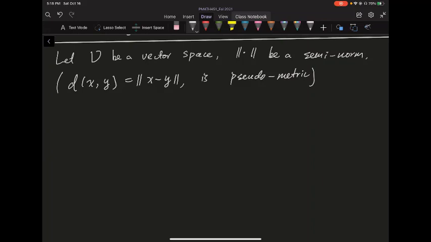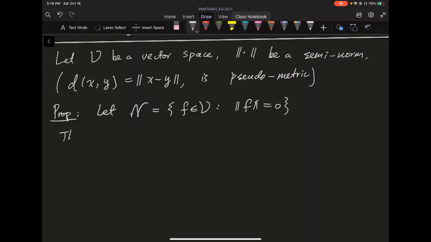Anyway, let's talk about our proposition. This is really standard, and works for any vector space with a semi-norm. Let V and the semi-norm be as given. Let n be all the f inside this vector space where the semi-norm of f is equal to 0.